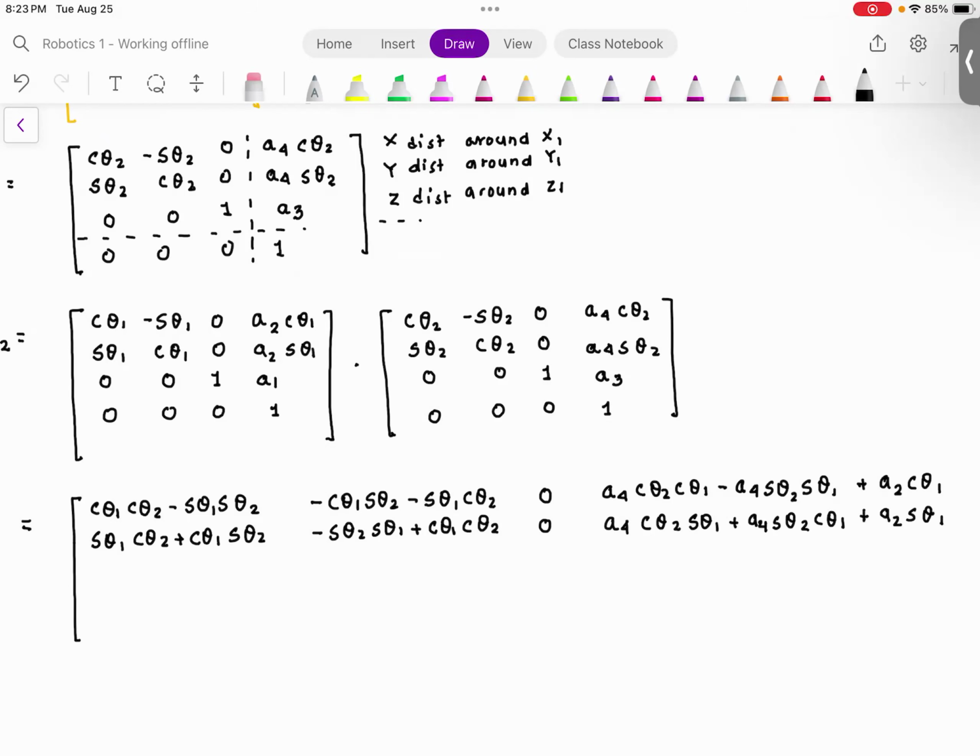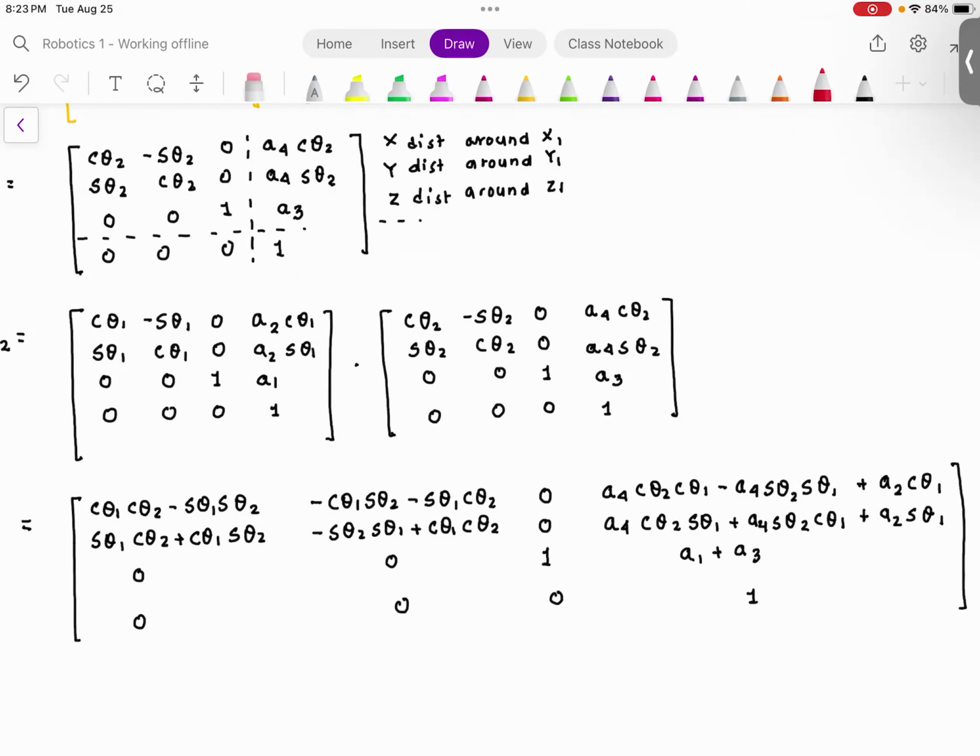Do you agree with me? Third row, first column is going to be 0, 0, and here there will be 1. And the last one will be A1 plus A3 and 0, 0, 0, 1. You agree with me?